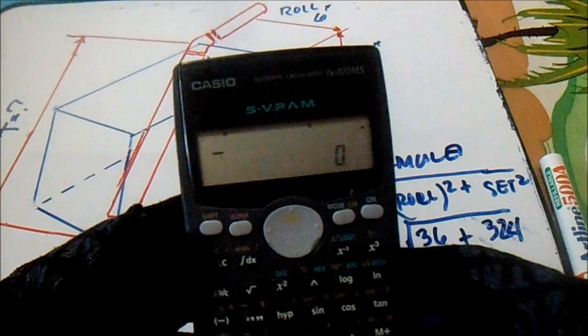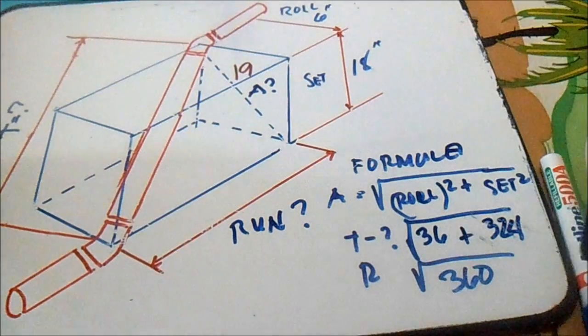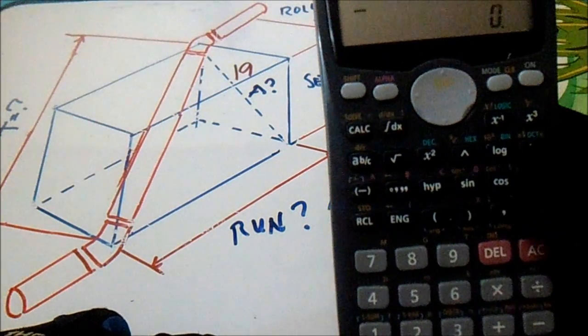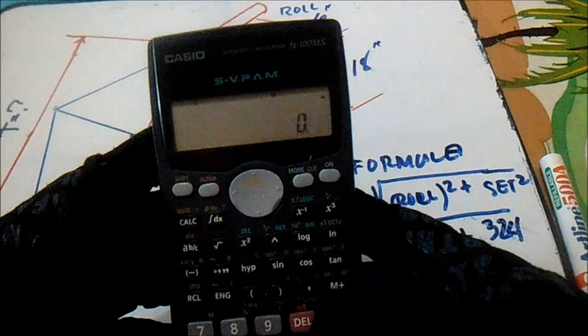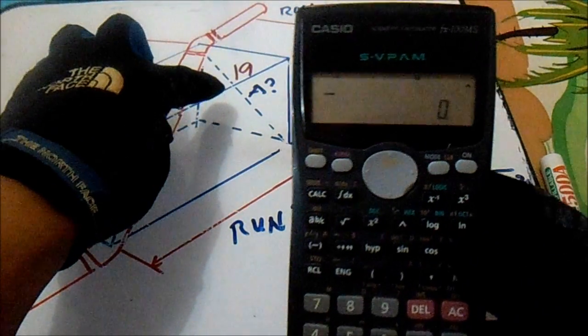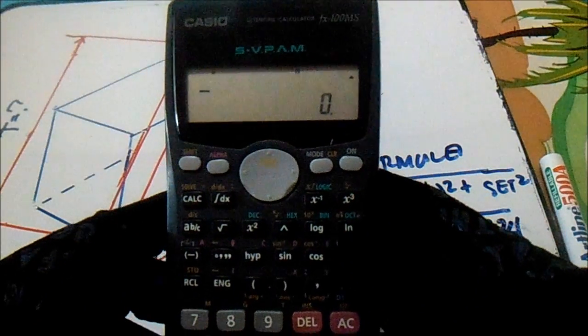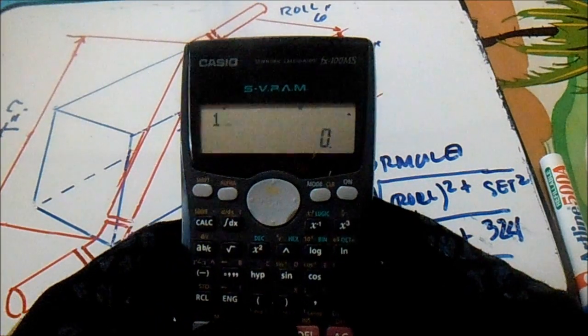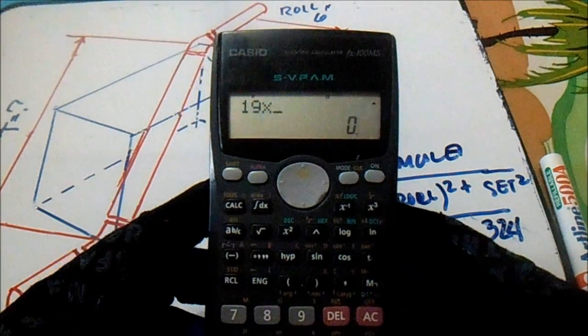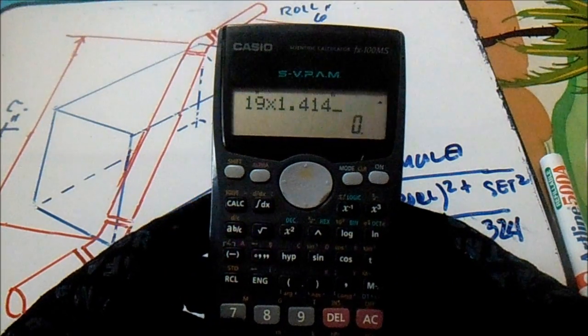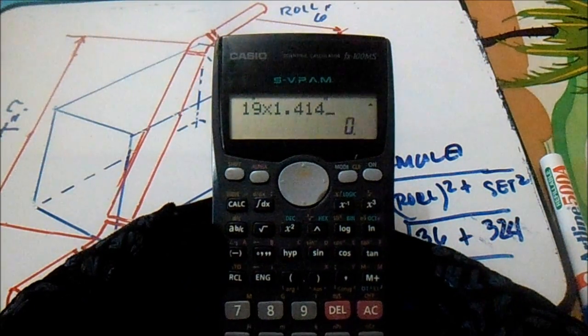Now we will find this travel and run. To get this travel, just multiply the A, this A is 19, just multiply it by 1.414 to get the travel.